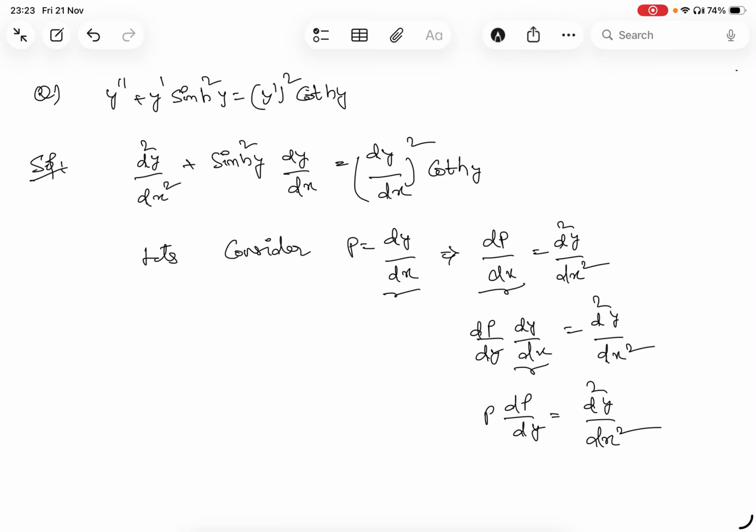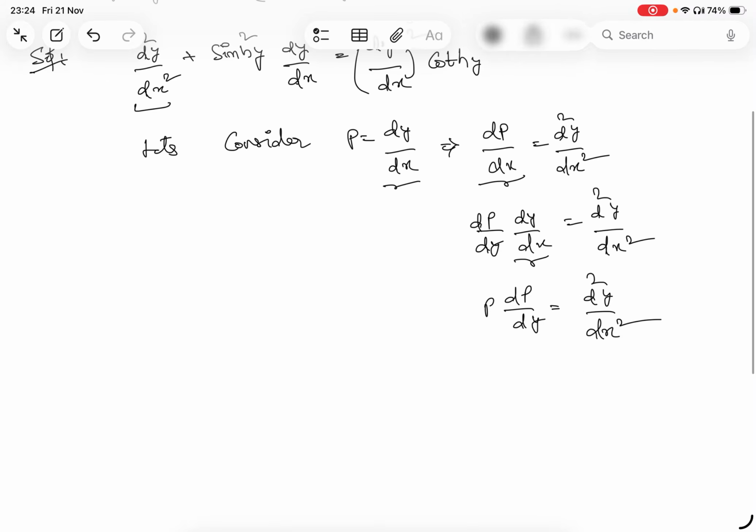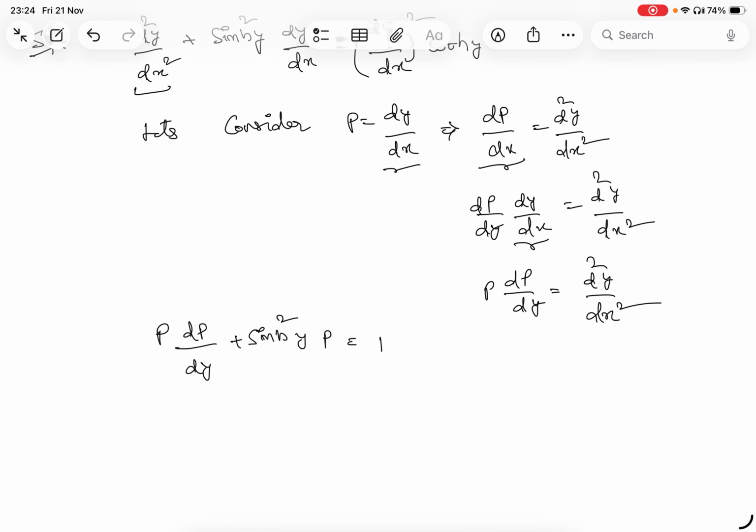Now let's substitute in the given equation. The first term d²y/dx² in terms of p is p dp/dy, plus sinh²y into dy/dx, which is p, equal to (dy/dx)², which is p² coth y.